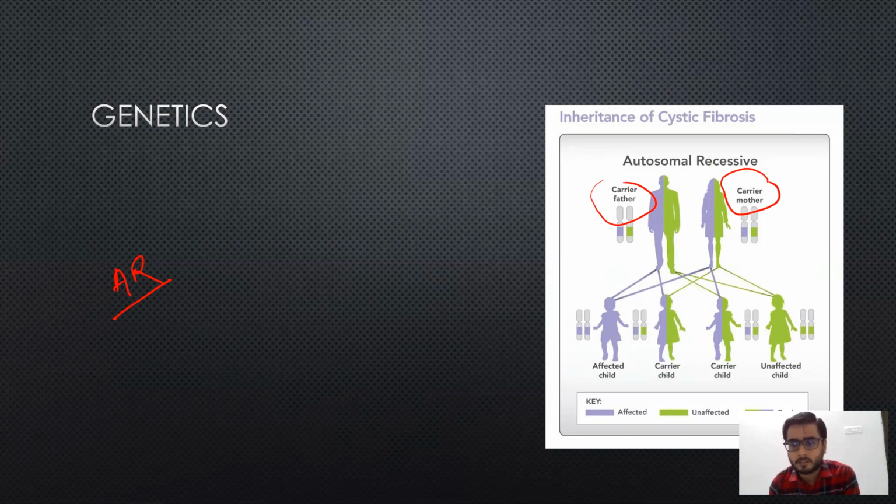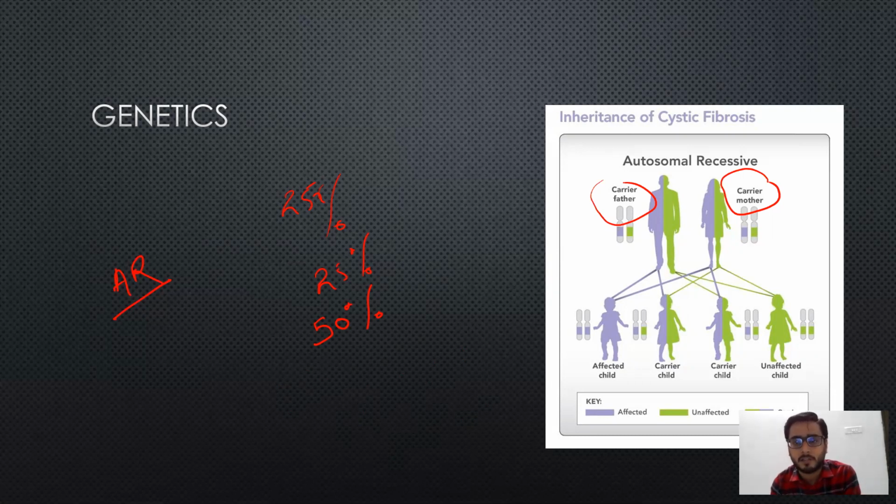How many chances are there that the child will be affected? This also comes as a question. It is 25% chance that the child will be affected, 25% chance that the child will be healthy, and 50% chance that the child will be a carrier. Carrier state people don't have any disease.